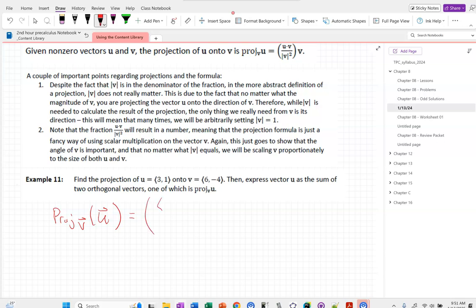We need to do u dot product v over the magnitude of v squared times vector v. So that's just me rewriting the formula with the vectors plugged in, right?